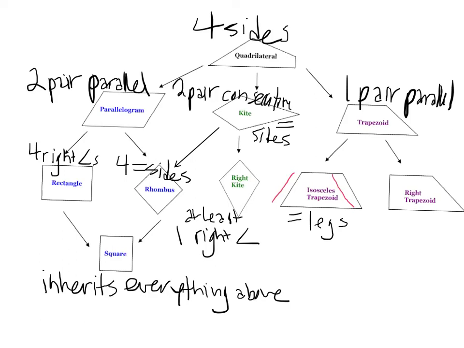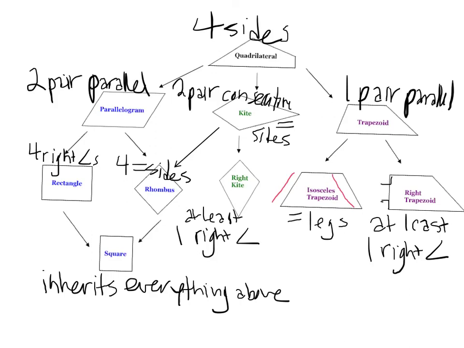And then a right trapezoid has at least one right angle. So it looks like it's probably here, and this one actually has two right angles because we know these sides are parallel because it has one pair of parallel sides. So a right trapezoid has at least one right angle, one pair of parallel sides, and four sides.